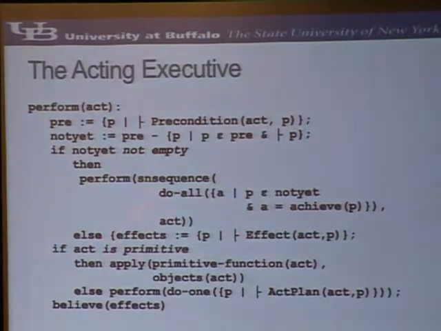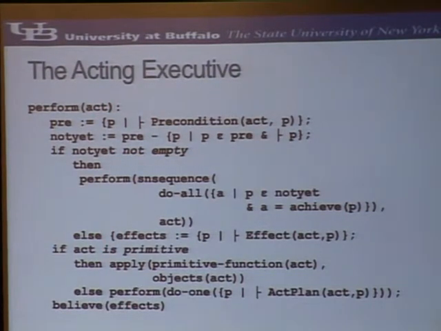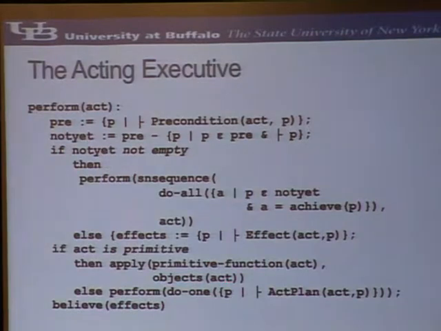One problem that we have, I invite you to solve it, is we don't really take failure into account here. And there's got to be a way for the agent to decide that it's failed and quit and go on to something else. So if notyet is empty, now derive what it believes to be the effects of that act. If the act is primitive, then apply the primitive action functions to the objects.